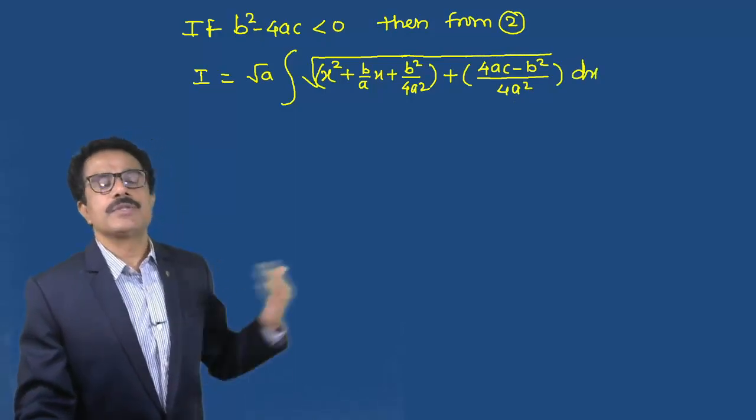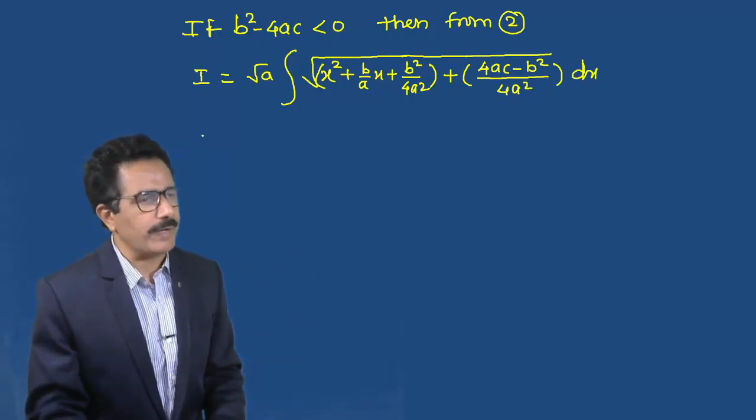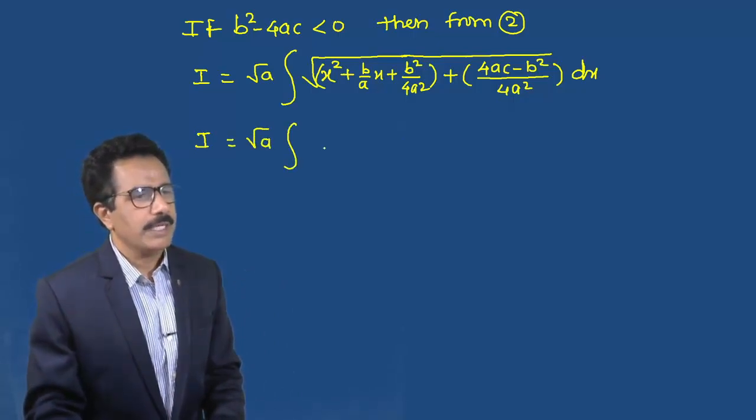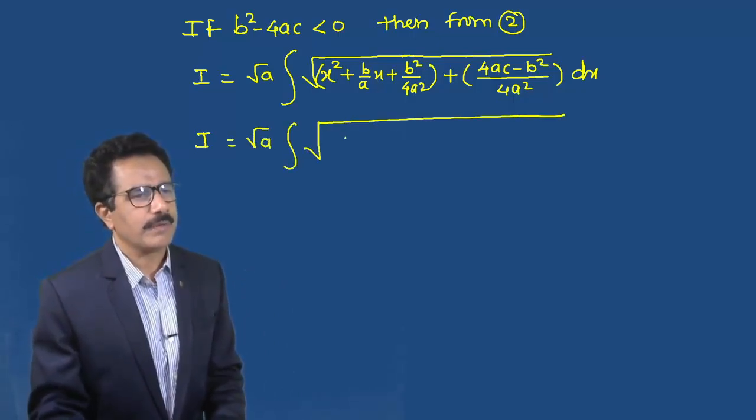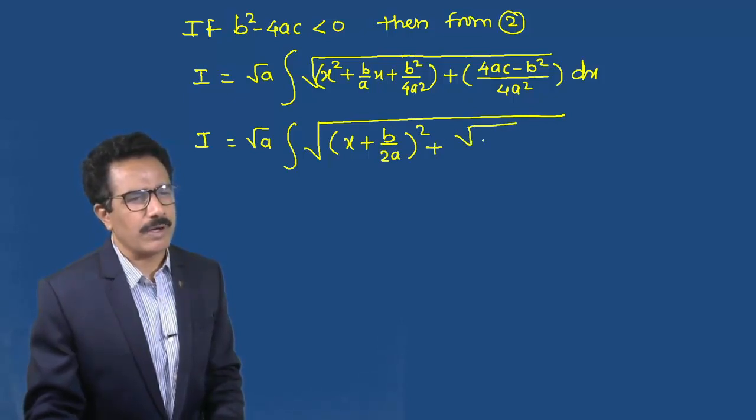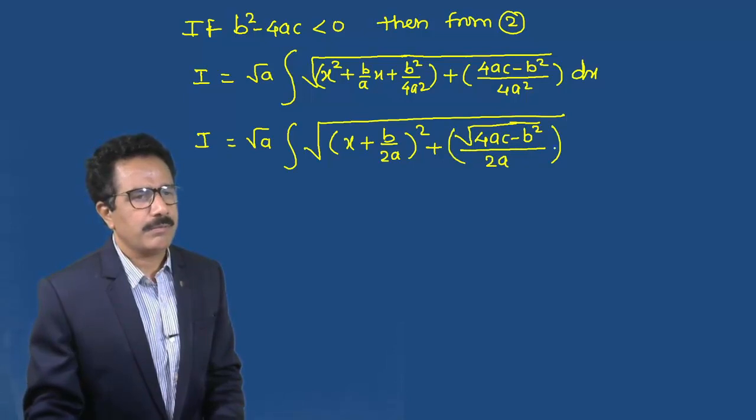Okay. So this is the concept. Then we have to use the formula I is equals to integration of root of x plus b by 2a bracket square plus root of 4ac minus b square divided by 2a bracket square into dx.